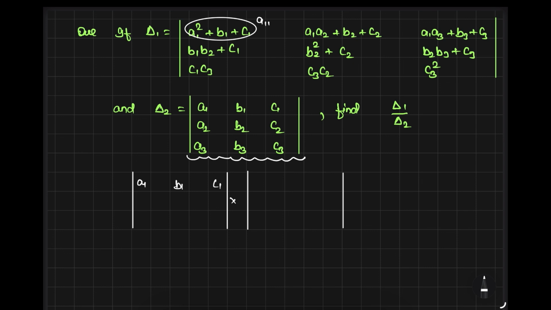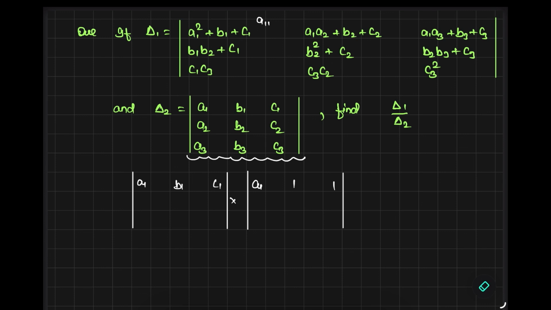Now we wish to have a1 square, so what should we multiply to this element? It is a1. Plus, what should we multiply with this element? We want only b1, so we should have 1. What should we multiply to this c1? We want only c1, so it is 1. Okay, so this thing is okay.